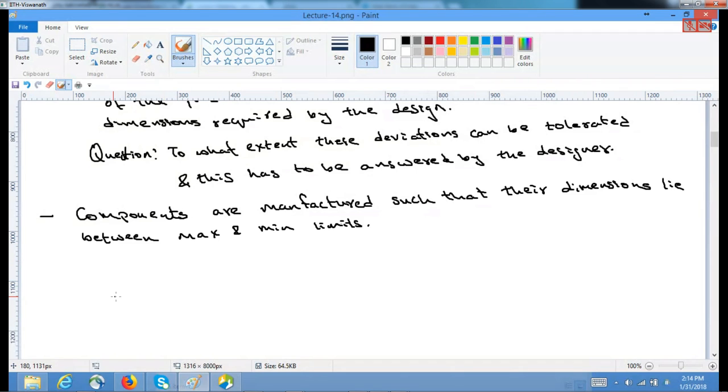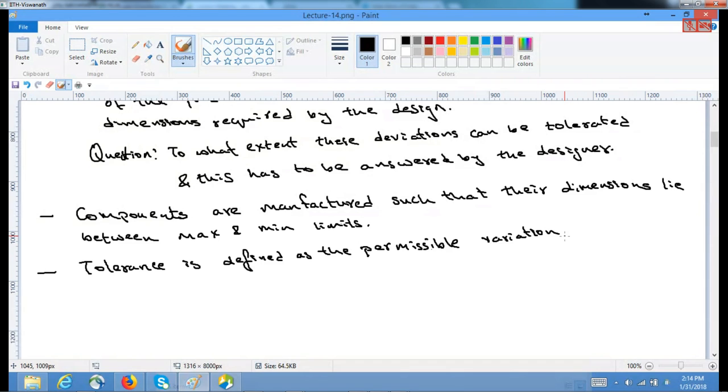So when we talk about tolerance, tolerance is defined as the permissible variation in the dimensions of the component. Tolerance.